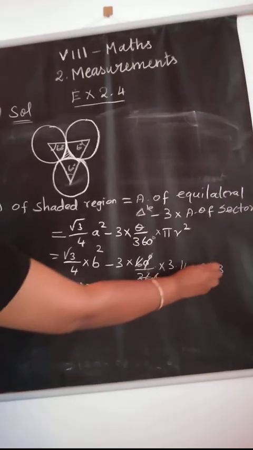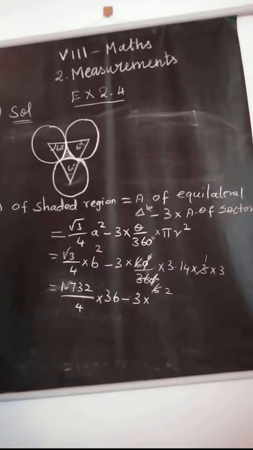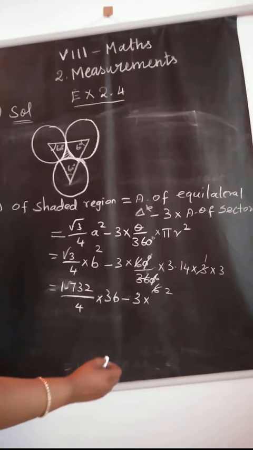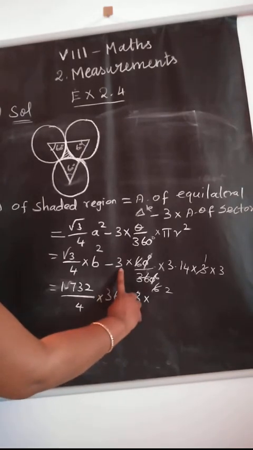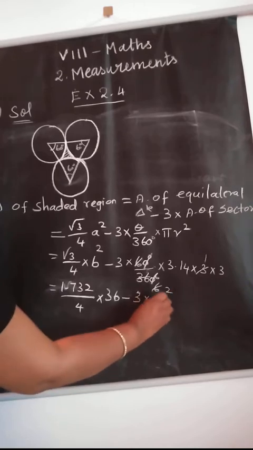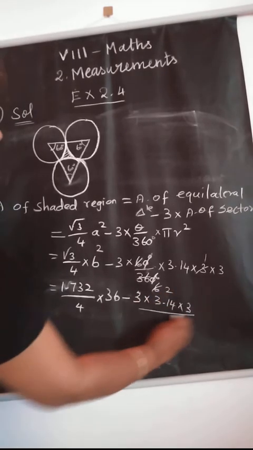Now divide 3 1s are 3, 3 2s are 6. So remaining 3 into 3.14 into 3 by 2.